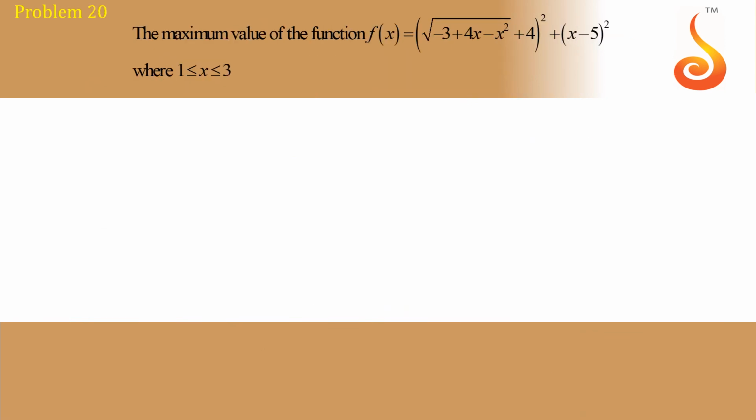Okay, next problem. The maximum value of the function f of x equals root of (minus 3 plus 4x minus x square) plus 4 whole square, plus (x minus 5) whole square, where 1 is less than or equal to x less than or equal to 3. Whenever you see maximum value of the function, don't take f dash x and go the traditional way.